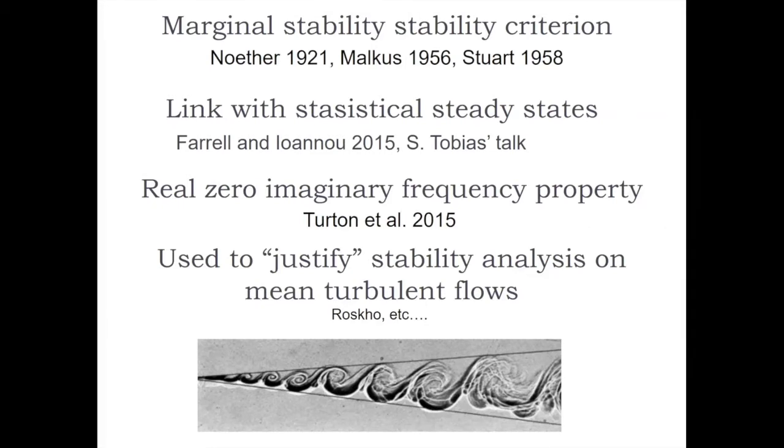Malkus was mentioned already by Steve Tobias, Stuart, obviously, many others, and some of the literature from the geophysics community, some of the references from the geophysics community I know less, but these are just examples. And there is a clear link with some other approaches of statistical steady states by Farrell and Ioannou, and also the very clear explanation about the CE2 approach by Stephen Tobias a minute ago.